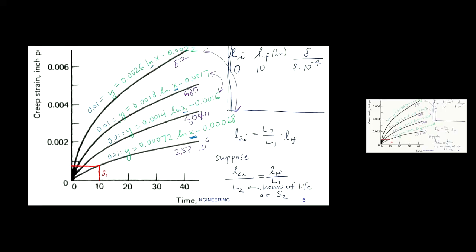So L2I was L2 over L1 times L1F. And so we had 4,040 divided by 2.57 times 10 to the 6th times our 10 hours.